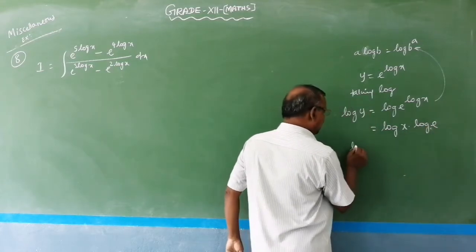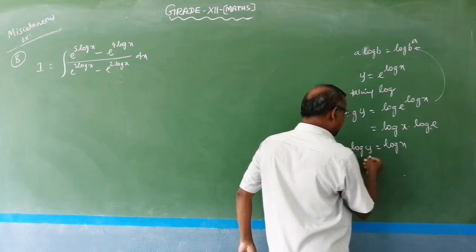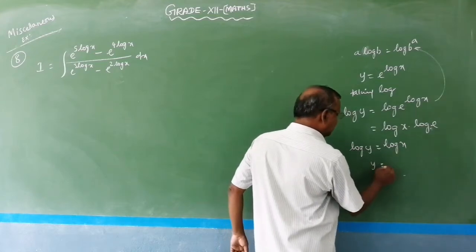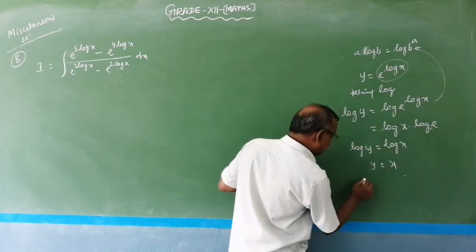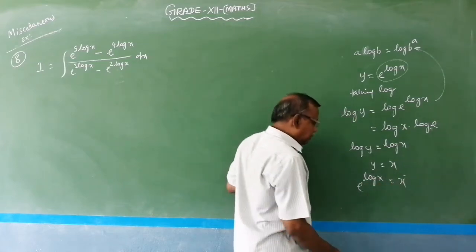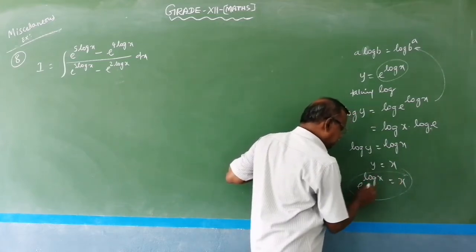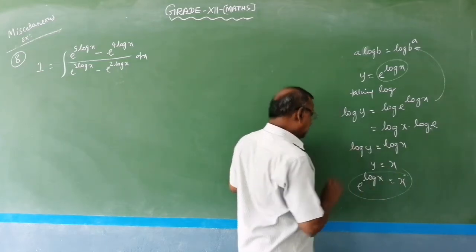Now, log y equal to log x. So, taking the anti-log on both sides, we have y equal to x. What is y? e power log x. So, e power log x equal to x. From this, we can understand e power log x is nothing but x, as e and log are eliminated.